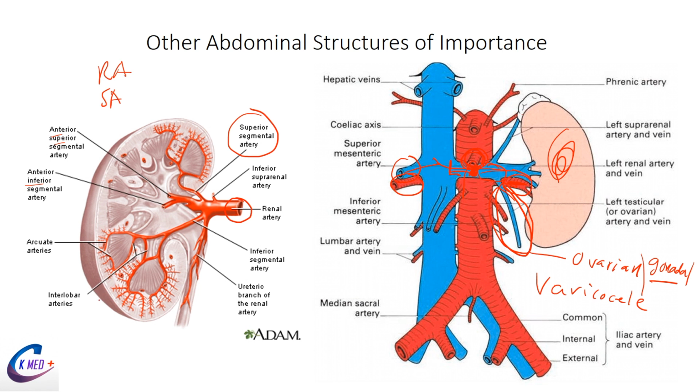That's going to be your interlobar, then arcuate, and interlobular arteries. The arcuate arteries make an arc over each of the pyramids, and the interlobular arteries are the ones coming off of there. So we have interlobar, then arcuate, and then interlobular.